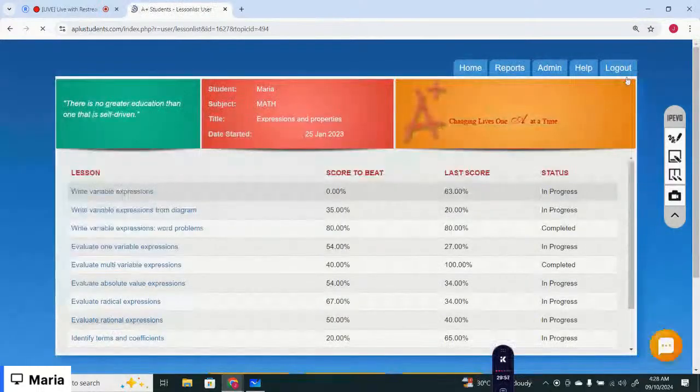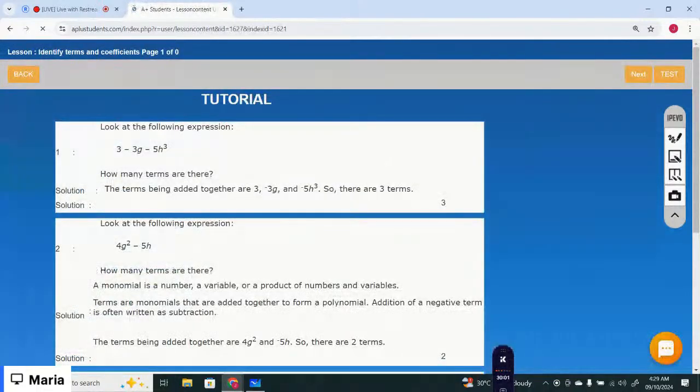The next lesson is identify terms and coefficients. Look at the following expression, that is 3 minus 3g minus 5h squared.